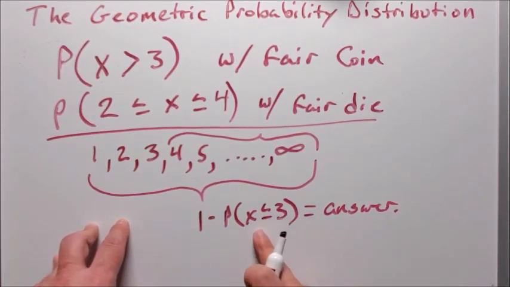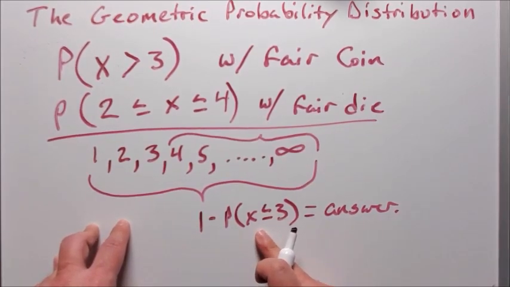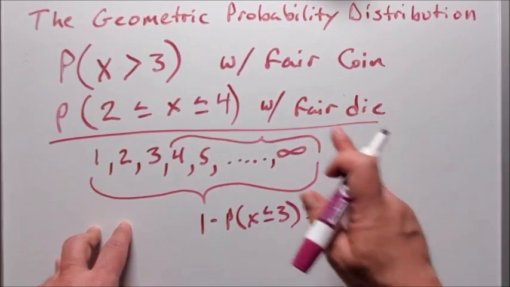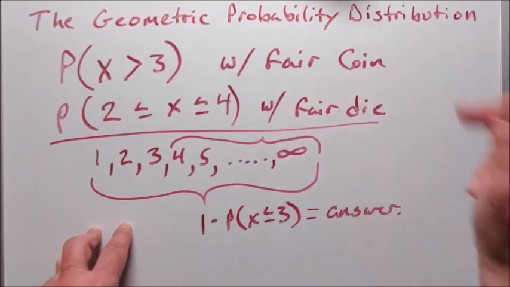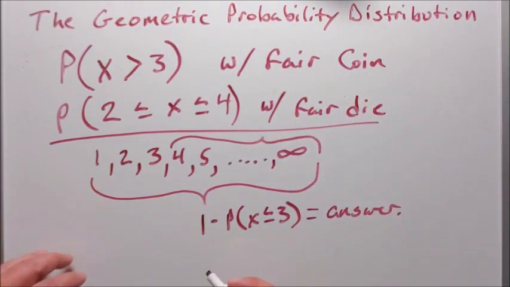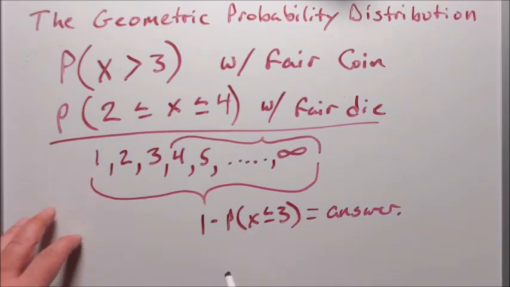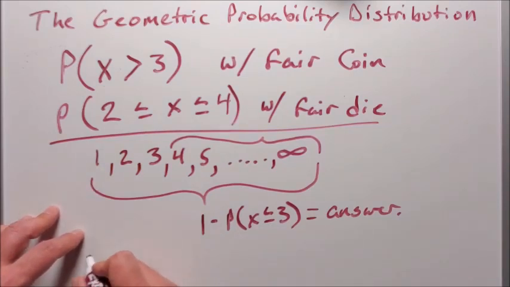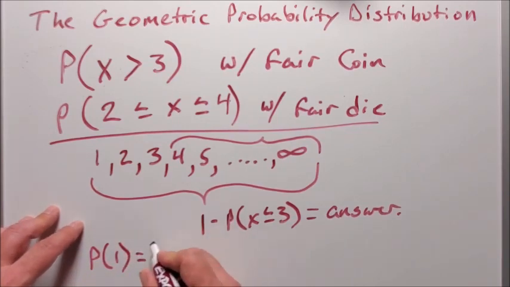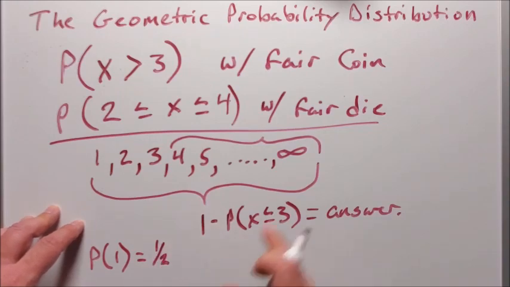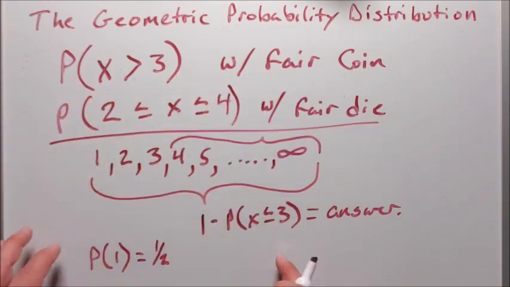So let's do that. What's the probability that x should be less than or equal to 3 with a fair coin? Well, that means we've got to figure out the probability that it would be 1. The probability of 1 is simply the probability of success. You can try that, plug it into the formula with a fair coin. I might have said fair die earlier, but I meant for this problem to be with a fair coin.